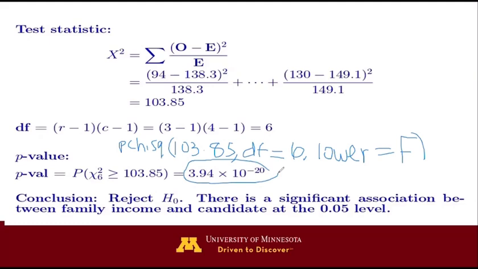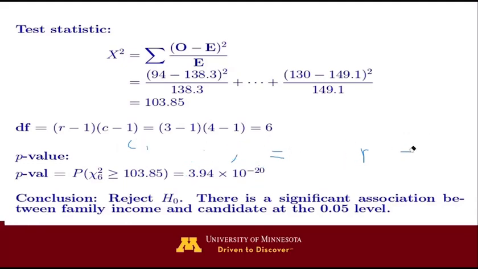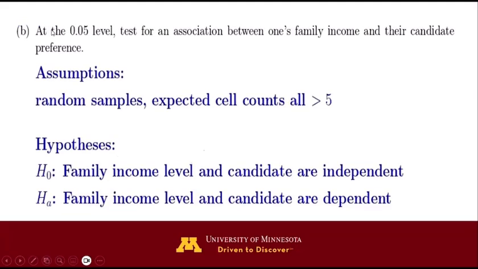So what you're going to do, because they ask you to test at a 0.05 level of significance. If you go back to the question, it said at the 0.05 level, test for an association between one's family income and their candidate preference.